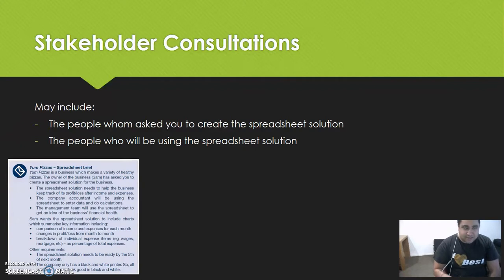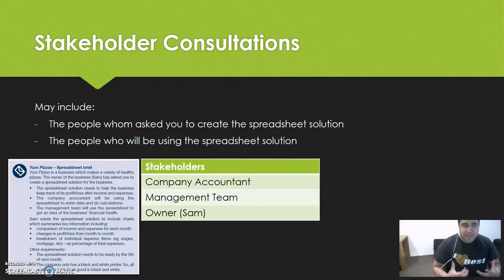Okay, so if we have a look at that brief, our key stakeholders are the company accountant. He'll be inputting the data into the spreadsheet. And as you can see here in the brief, the company accountant will be using the spreadsheet to enter data and do calculations.